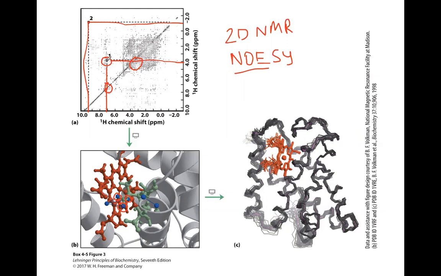But if they found some specific interaction, between this hydrogen at 7.1, let's say, and this hydrogen at 4.0, there must be another one at this position, because two-dimensional NMR often gives you data where you have to run it several times before you get convinced that the dot is actually there.